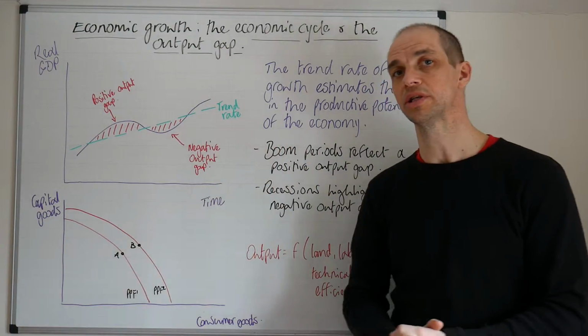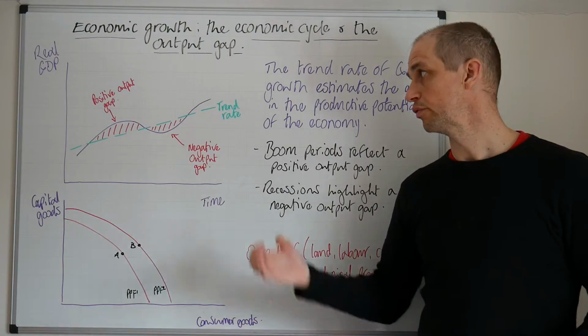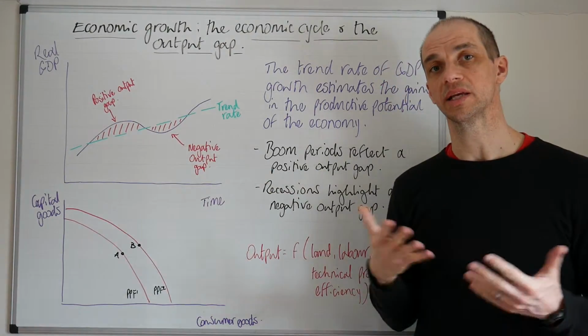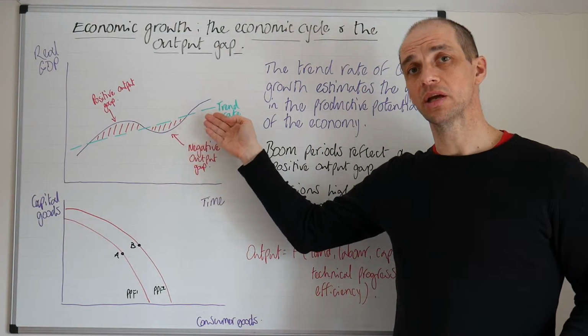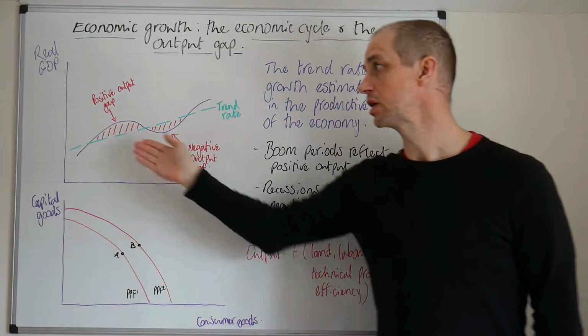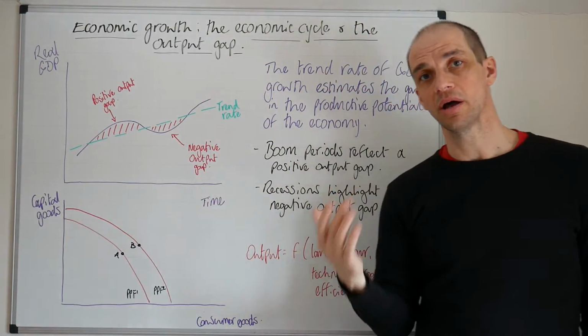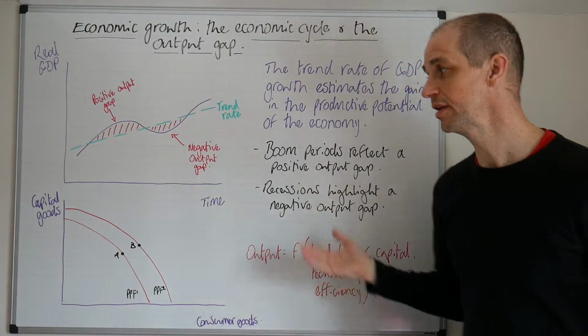So what will they try to do to ensure better utilisation of resources and that this trend rate is sustained? Ideally, this is where you want the economy to be. This is almost like the desired state of the economy, this trend line, but unfortunately it doesn't just go nice and smoothly like that.